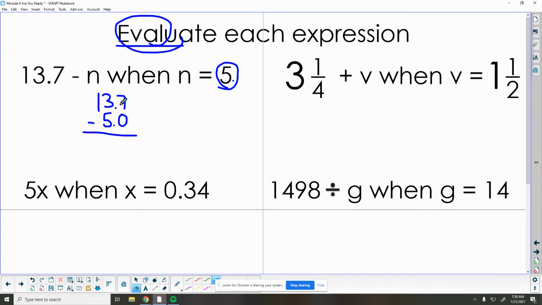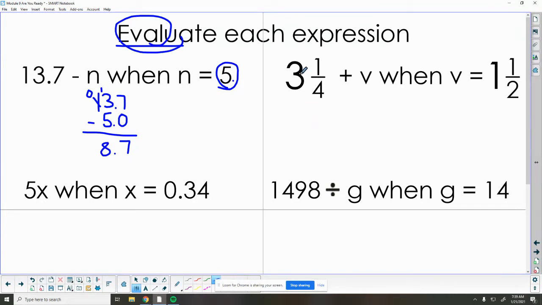If we put that 5 under the 7, that turns it into 50 cents when we really have $5. So 7 minus 0 is 7. 3 minus 5 we can't do, so we borrow. And 13 minus 5 is 8, and our decimal comes straight down. So 13.7 minus n, when n is 5, is 8.7.